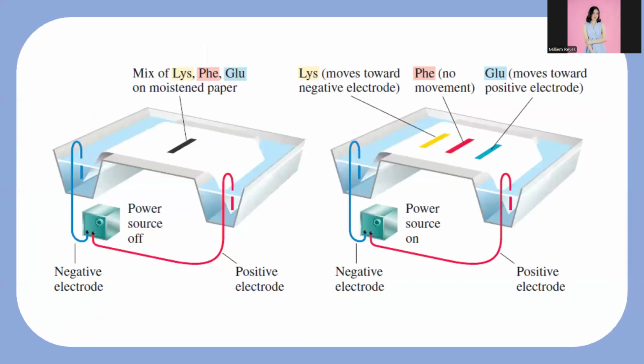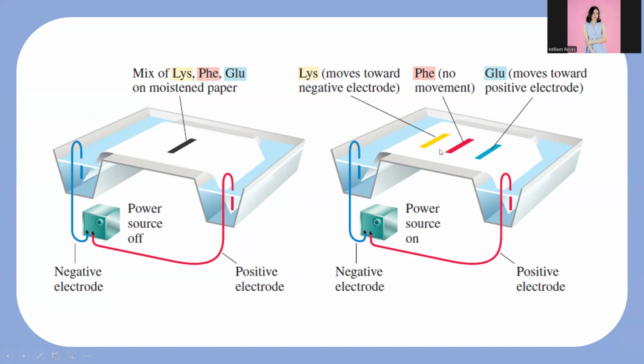So for example, we have here a moistened paper na meron tayong lysine, phenylalanine, and glutamate. Pag ito, tinurn on natin si electrophoresis machine, we have our positive electrode, your anode, and the negative electrode, your cathode. Once current passes through this, magkakaroon ka ng electric field.